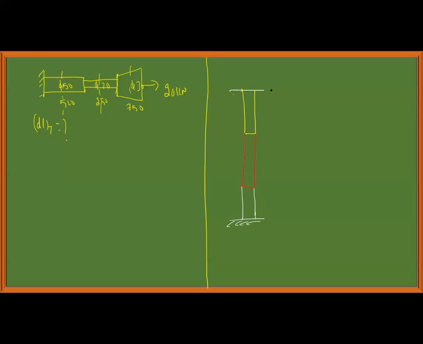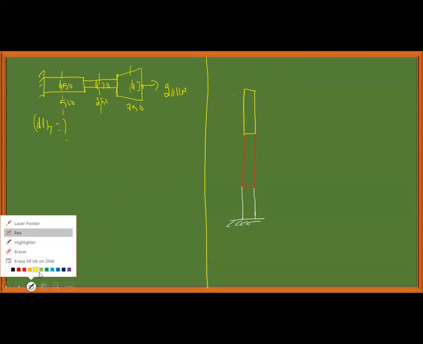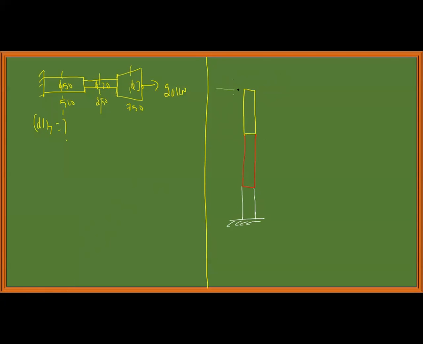Assume it is 3D. Now this is copper, this is steel, this is cast iron.